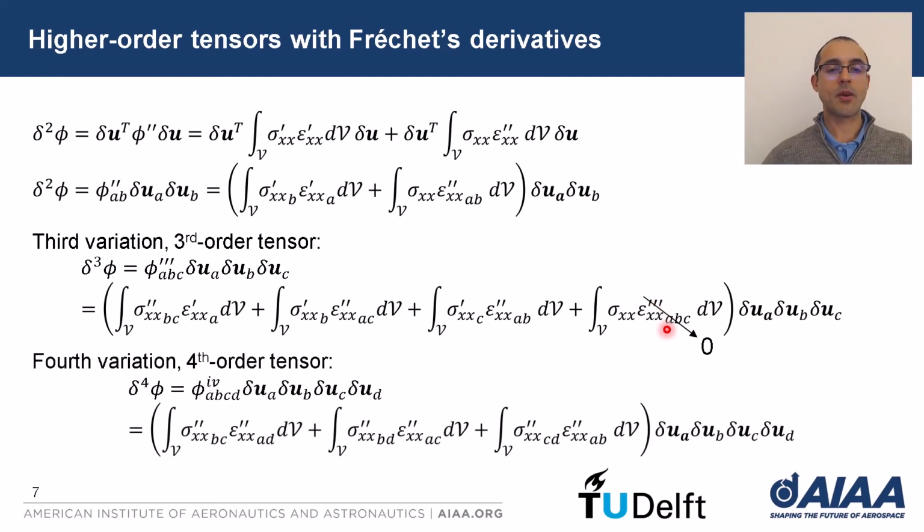So applying the fourth variation to find the fourth order tensor that is involved in Koiter's asymptotic expansion, and the methodology to calculate the B factors, would then result in this equation, already considering that the third variation of a single element would always result in zero.